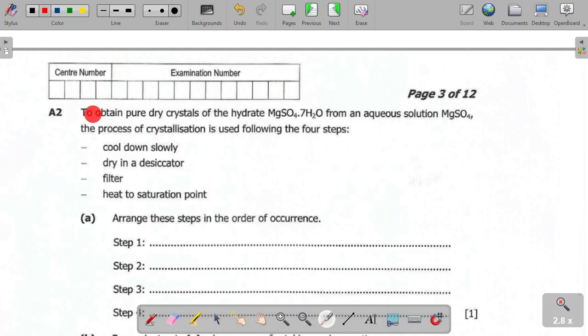So to obtain pure dry crystals of the hydrate, magnesium sulfate heptahydrate, from an aqueous solution of magnesium sulfate, the process of crystallization is used following the 4 steps.